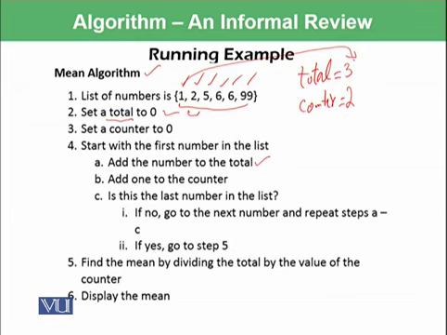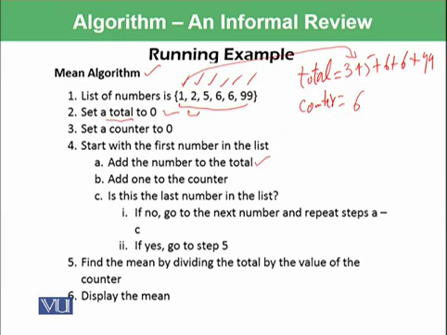Then it will have 3 plus 5, then plus 6, then plus 6, then plus 99, and the counter will reach 6. Is this the last number? Yes, 99 is the last number.